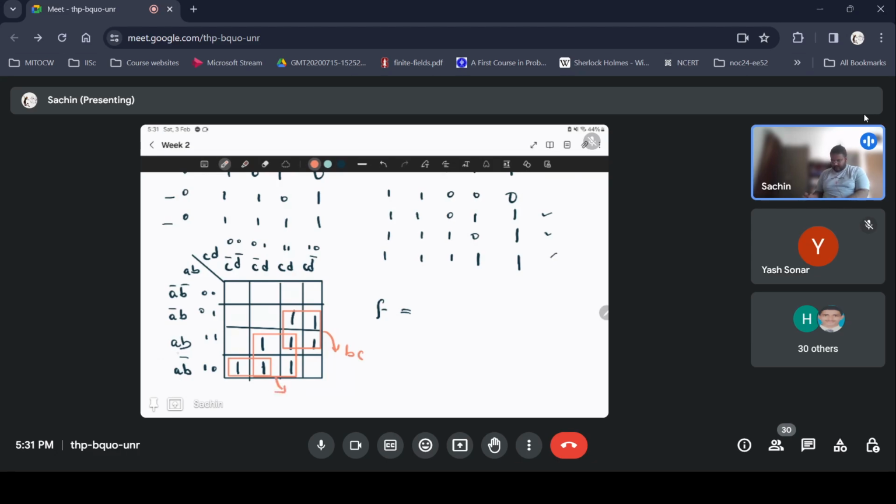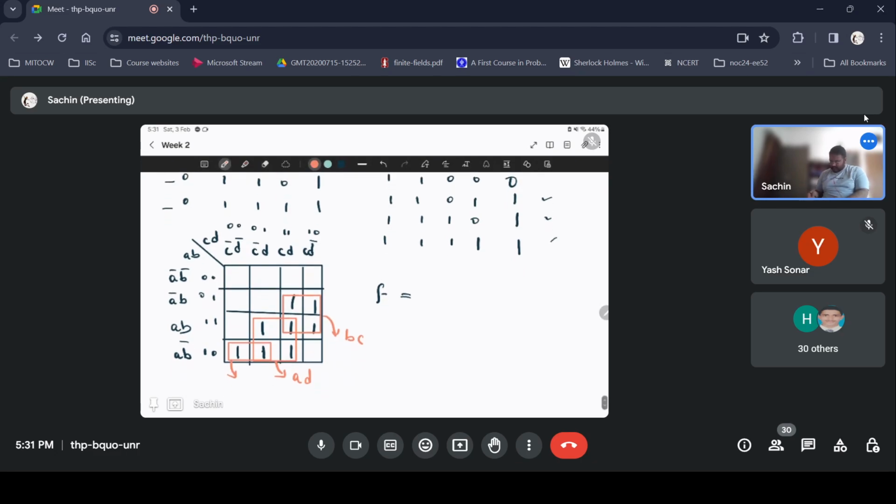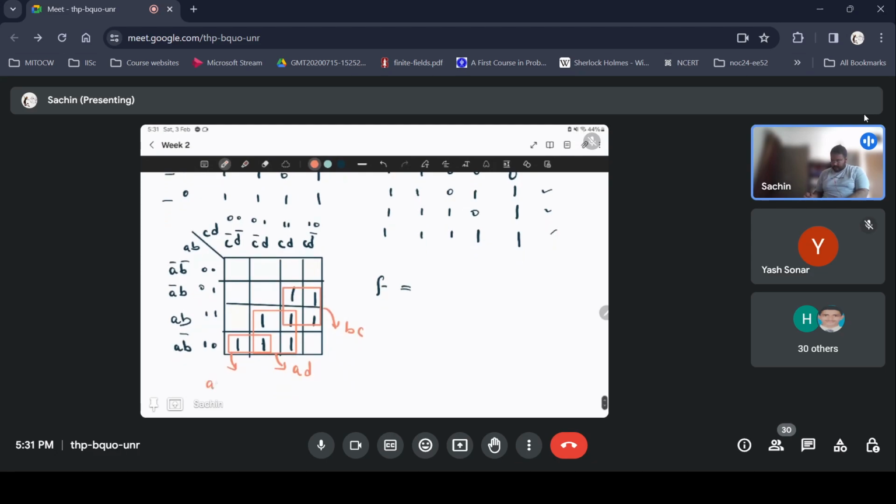Expression for this block is b is changing, c is changing, cd. Expression for this pair is ab bar, and d is changing from d bar to d, so it's ab bar c bar. So the output expression is ad plus bc plus ab bar c bar.